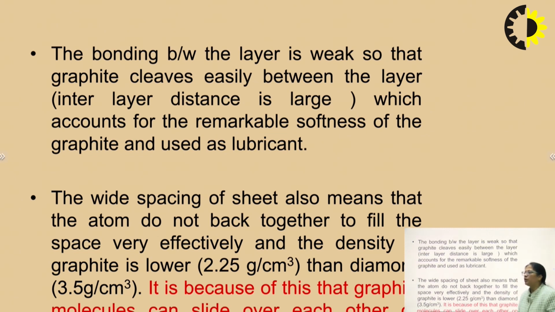The wide spacing of the sheets also means that the atoms do not pack together to fill the space very effectively. Therefore, since there is distance between the sheets, the density of graphite is lower than that of diamond.